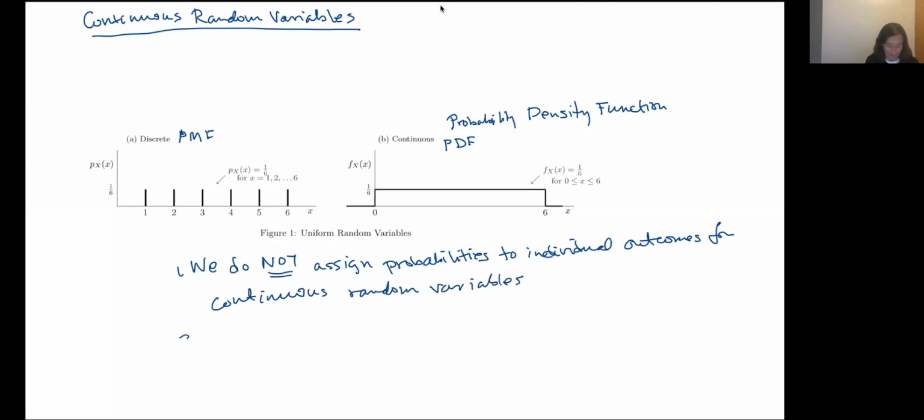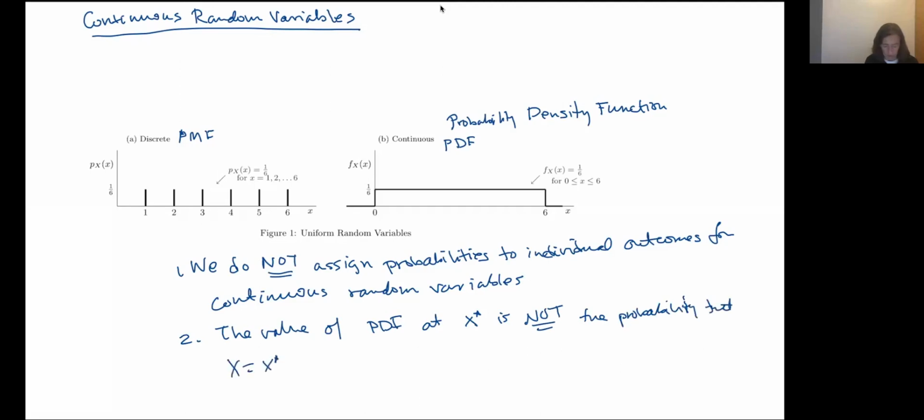Okay, and I might as well write the second part of this, get all the weird stuff over at once. The second thing is the value of the probability density function at some value x, let's call it x star, is not the probability that x equals x star.